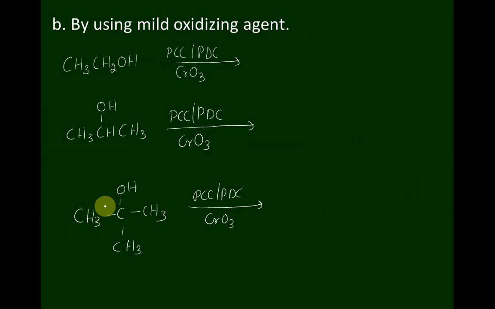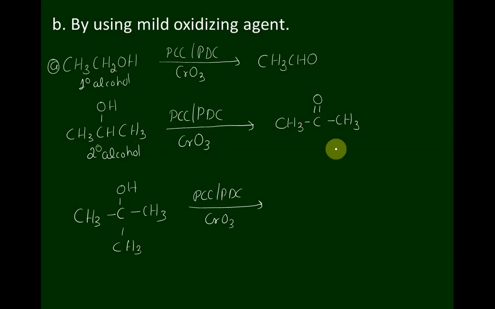Now coming to the examples. First, when a primary alcohol is treated with a mild oxidizing agent like PCC, PDC or chromic acid, we get the respective aldehyde. PCC and PDC do not have the ability to oxidize aldehydes into carboxylic acids. When secondary alcohols are oxidized using a mild oxidizing agent, ketones are obtained.